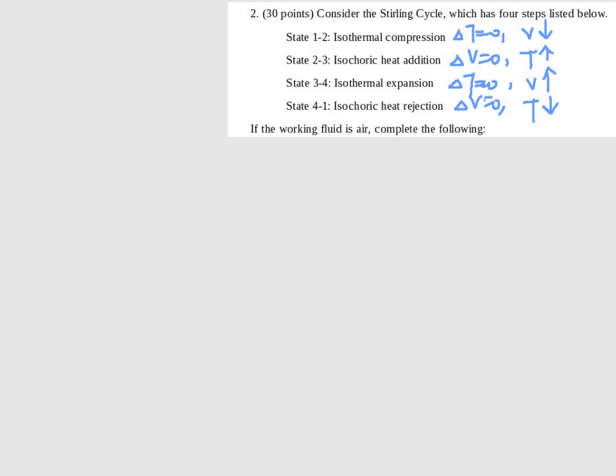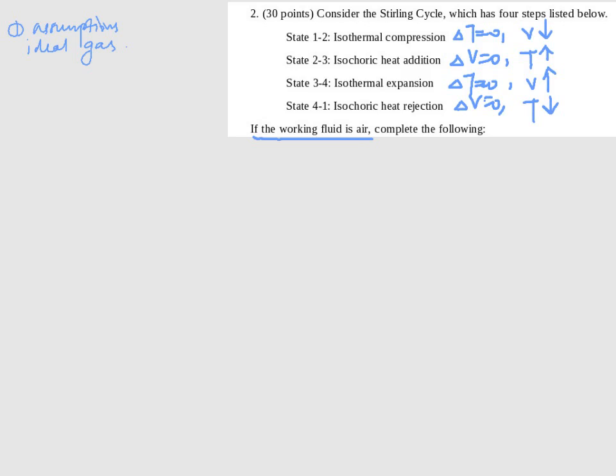Another important piece of information is the working fluid is air, which tells us, hey, maybe we can use the ideal gas law. So that leads us to make our assumptions. So the first one, let's make ideal gas one of our assumptions.